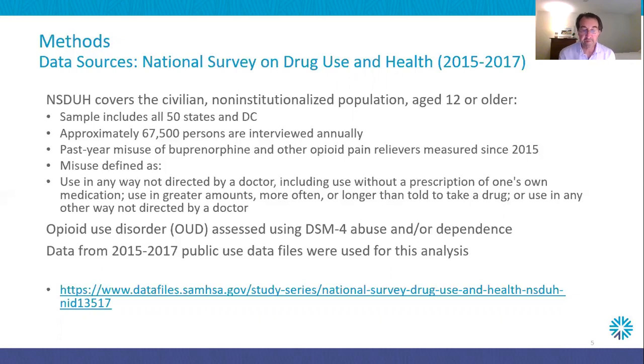Starting in 2015, NSDUH assessed past year use and misuse of specific opioids, including buprenorphine, oxycodone, hydrocodone, as well as several others. Misuse, as you can see here, is defined as use in any way not prescribed by a doctor.